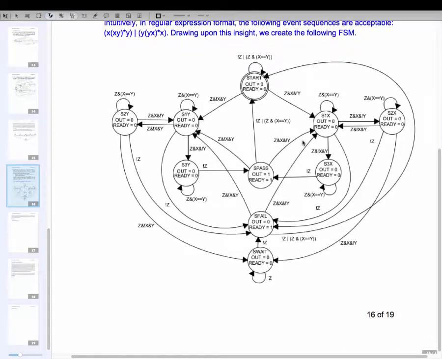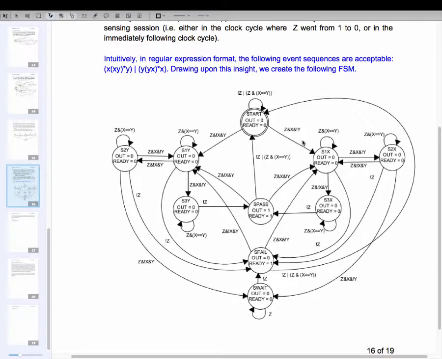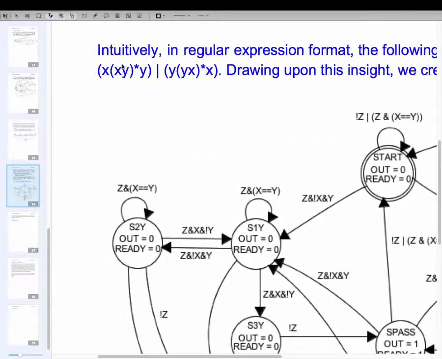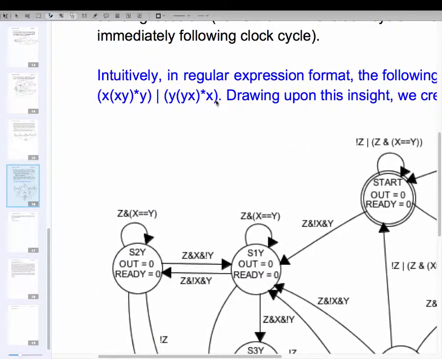The way I approach this problem, I started with the following intuition. I asked what kind of patterns are acceptable, and there are two kinds. This kind of thing is called a regular expression, and what it is saying is the following. Star means 0 or more of the previous thing, and this is the OR symbol. So this says that any pattern of the form where I saw an X, then 0 or more XY, and then a Y is an acceptable pattern.